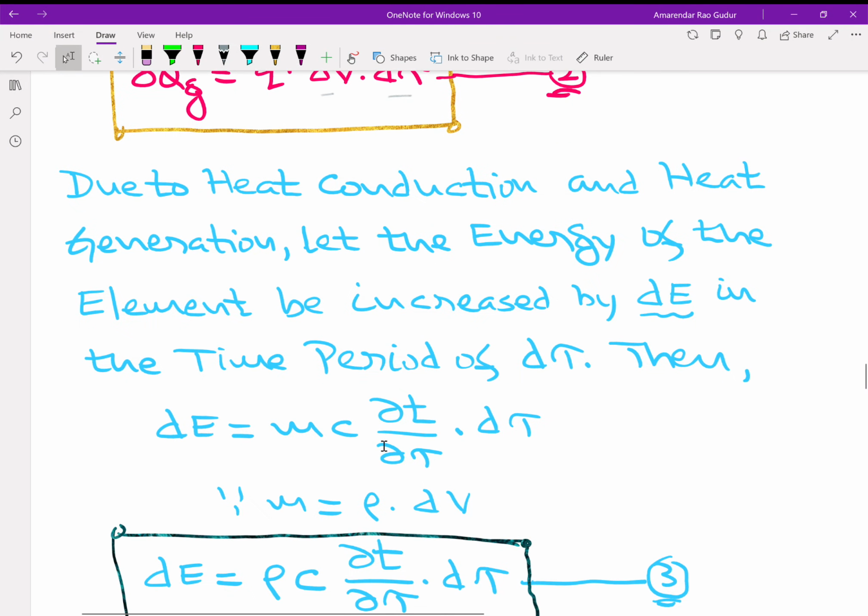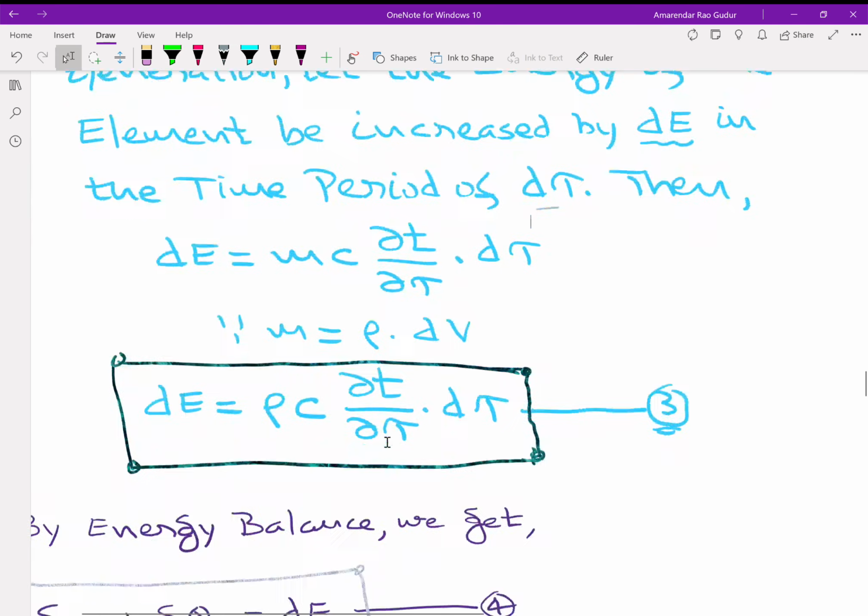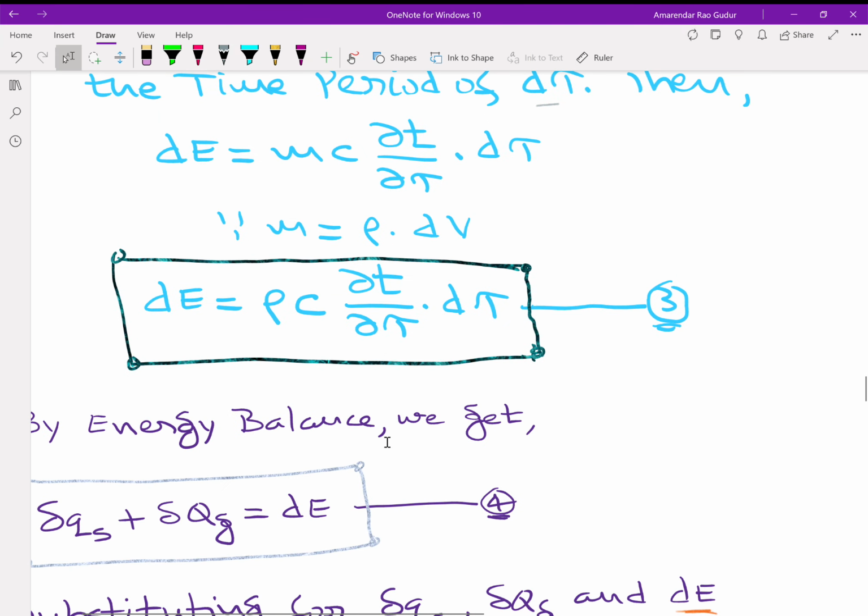Due to heat conduction and heat generation, the energy of the element will be increased by dE in the same time period of d tau. Then using the first law of thermodynamics, we can write dE as m c del T by del tau times d tau, and m can be written as rho into dV, where rho is the density. Therefore dE becomes rho c del T by del tau times dV d tau.